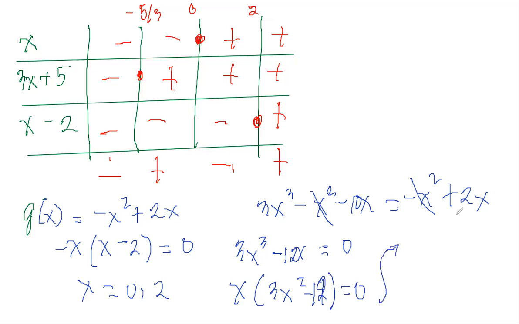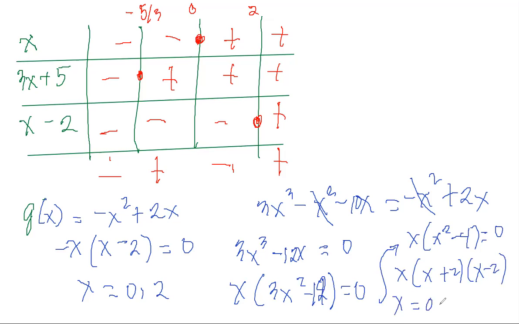So let's simplify. We have x times... okay, so we have x squared minus 4 equals 0. So the factors are x times (x plus 2)(x minus 2). So therefore, the zeros are 0, negative 2, and positive 2.